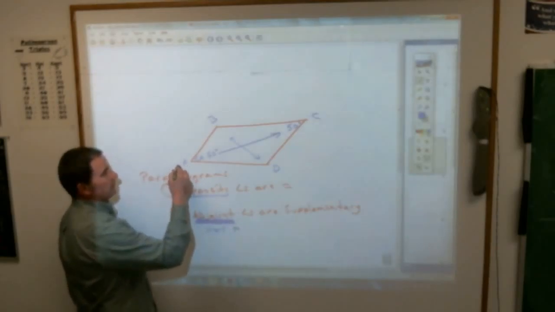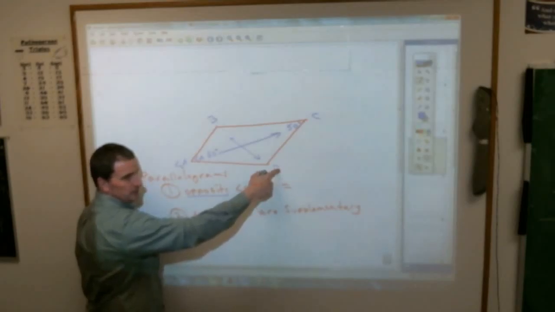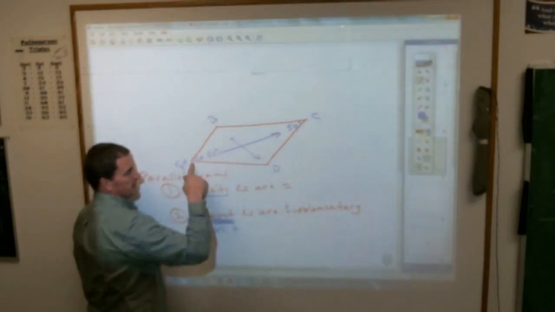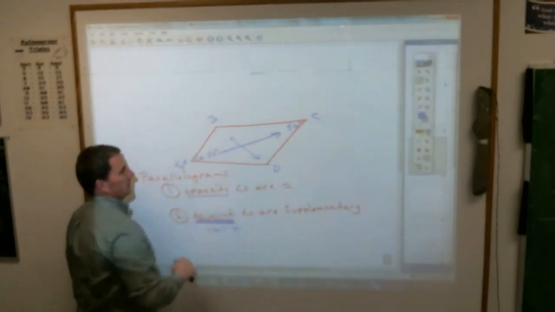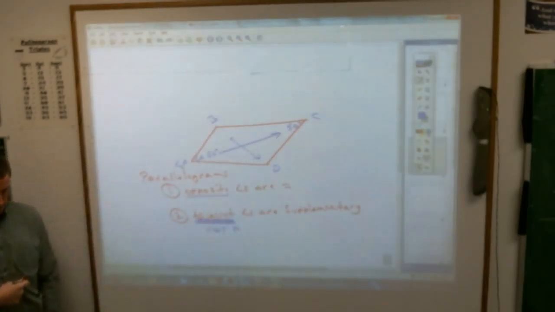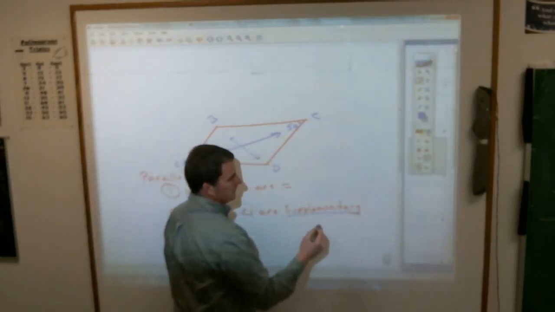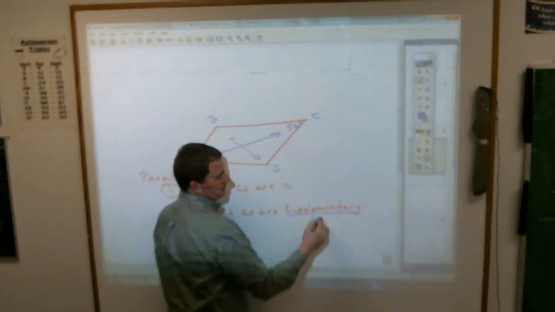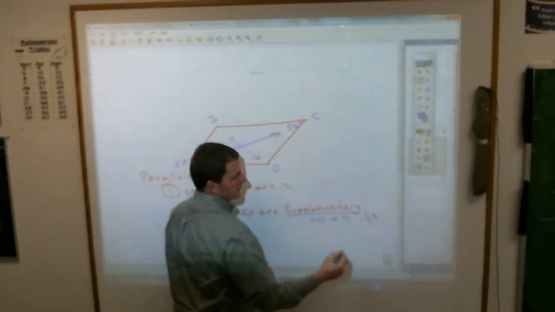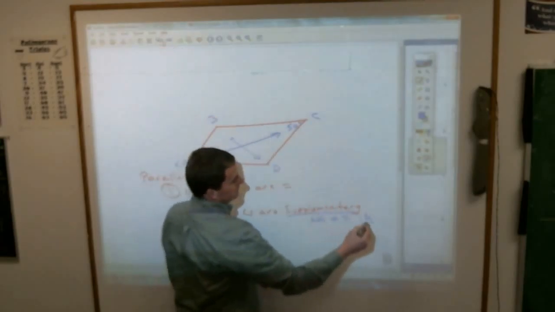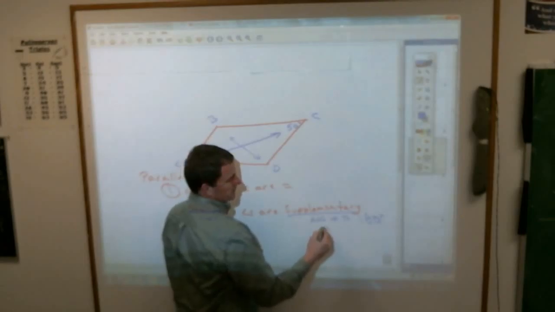So that means angle A is next to angle B, and it is also next to angle D. Angle D is adjacent to A and adjacent to C. C is adjacent to D. And then supplementary, children, definition again, supplementary means they add up to 180 degrees, which actually is the same thing as a straight line.